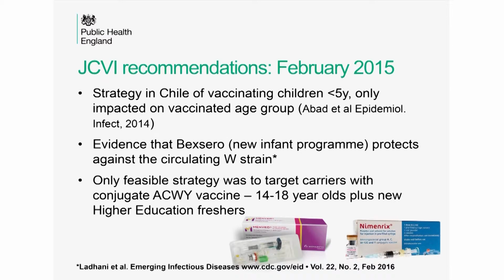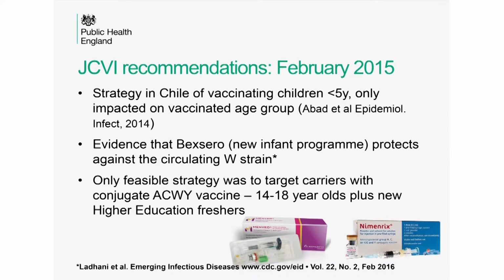Although that had a marked impact on disease in that target age group, it hadn't had any effect on the rest of the population, and they'd continued to see an increase in W disease. We did have W cases occurring in infants, which was quite unusual, as well as all other age groups. So we were seeing W spread across the population geographically, but also across all age groups.